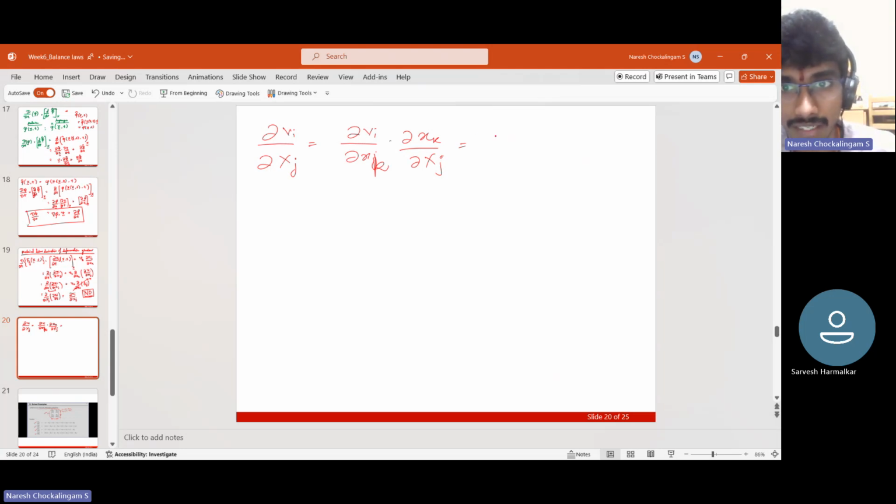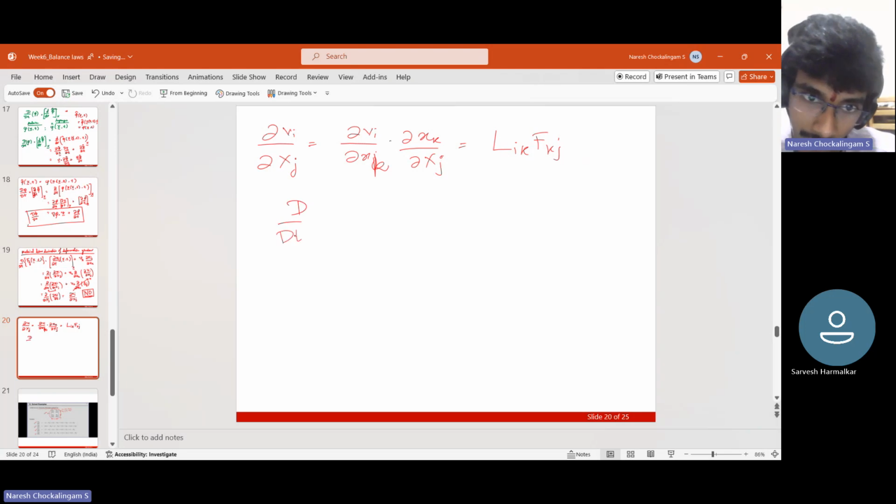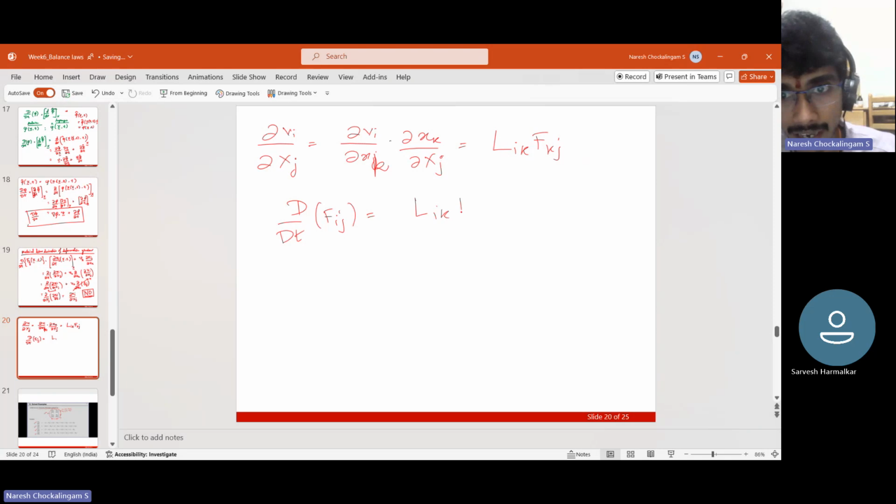Dou vi by dou small xk is the velocity gradient Lik, and here we have small x by capital X, which is nothing but Fkj. So d by dt of Fij is nothing but Lik Fkj. In tensorial notation, you can drop the indices. You can write it as dF by dt is nothing but LF.